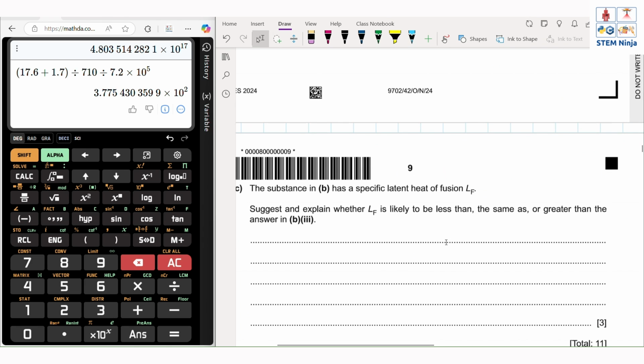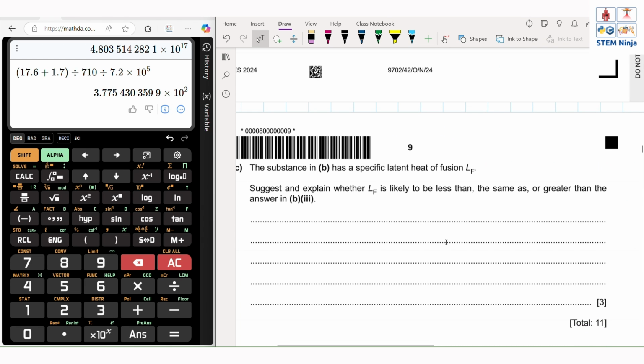All right, the substance in B has a specific latent heat of fusion F. Suggest and explain whether latent heat of fusion is likely to be less than, same as, or greater than the answer in this. Latent heat of fusion is almost always less than that of vaporization because you need a significant increase in separation.